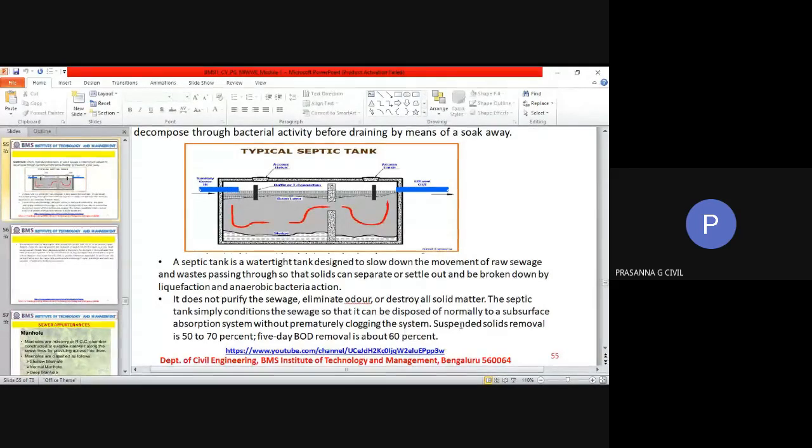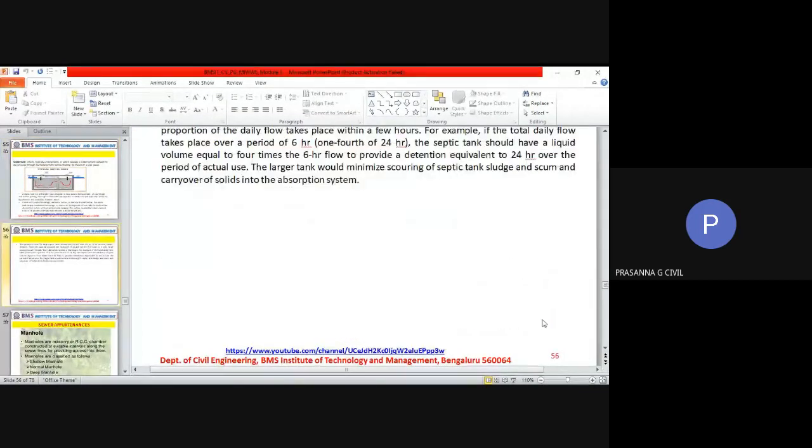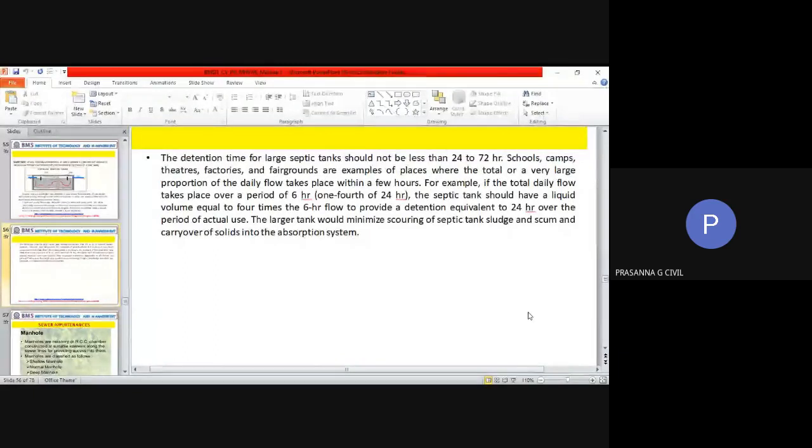So once this system is done, you need to have the associated soak pit wherein you have a large tank into which they have put a lot of aggregates, and the effluent that comes from your septic tank is allowed to seep through these aggregates, and these aggregates act like a filter media, as in the case of your water, and even in wastewater we have something called a trickling filter.